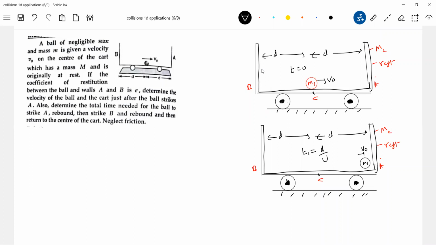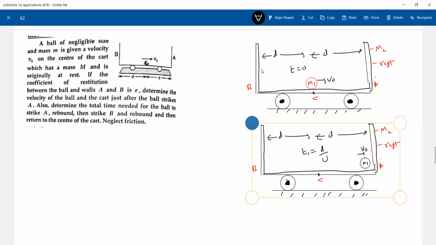After collision, it will rebound with a speed, and the trolley will have velocity towards the right here. Or if the ball goes towards the right, the cart should go towards the left, no sir. Is it like that?